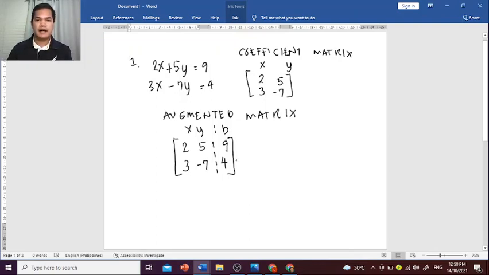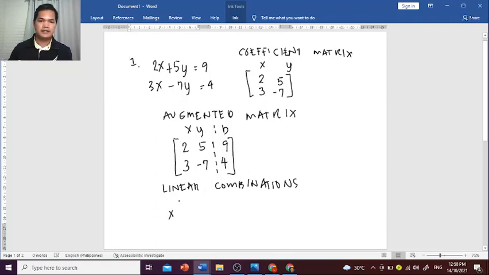And now let's have the linear combinations. First, let us take the literal coefficient.